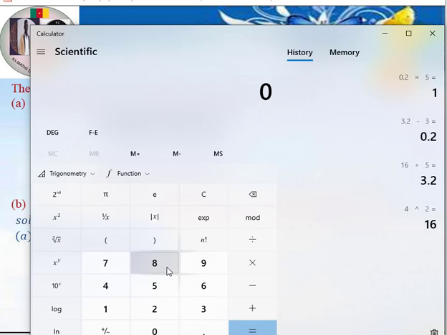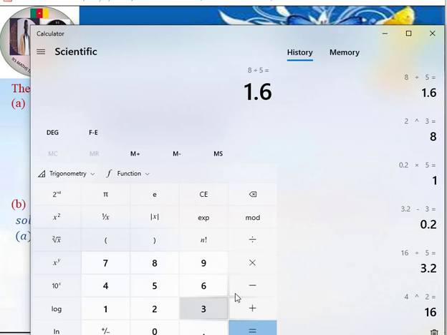So 2 power 3 will give us 8. Now what mode are we working on? We are working on mode 5. So we'll divide that 8 by 5. We have 1.6. So we are going to subtract 1 from that 1.6 because we need to remove the whole number to be left with the decimal part of it.